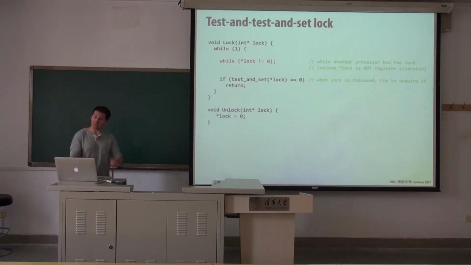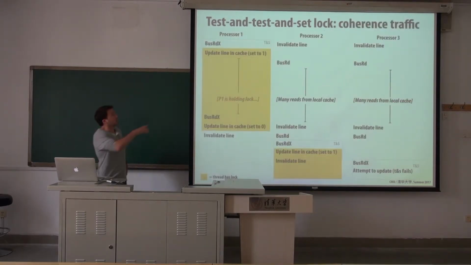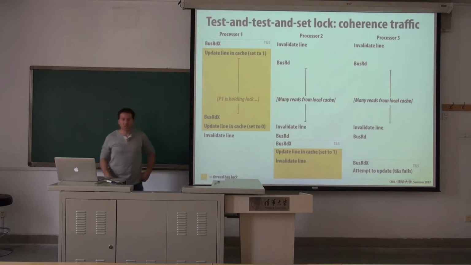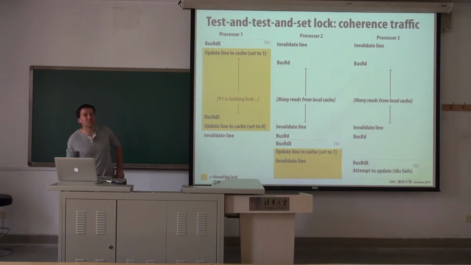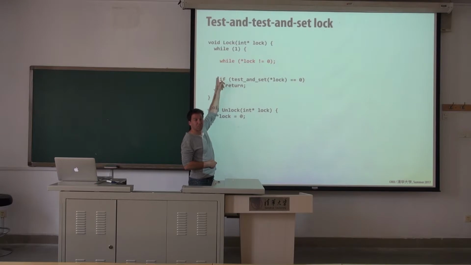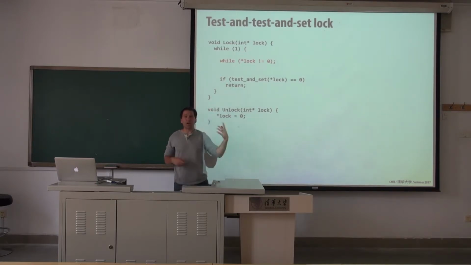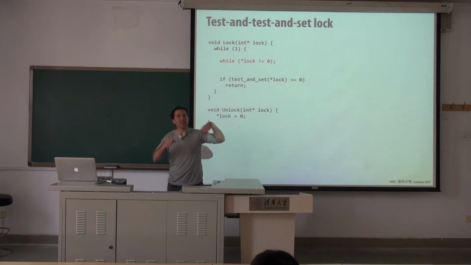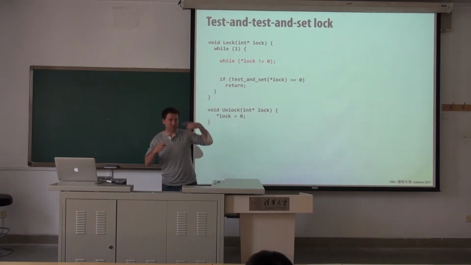Now that you know how coherence works, let's think about what happens. That's exactly right. Everything begins the same way as before. Let's say processor 1 has the lock. But now let's think about what processor 2 is doing. Processor 2 is going to read the lock, bus read, and while the lock still has the value 1, it's just going to keep reading the variable: read 1, read 1, read 1.